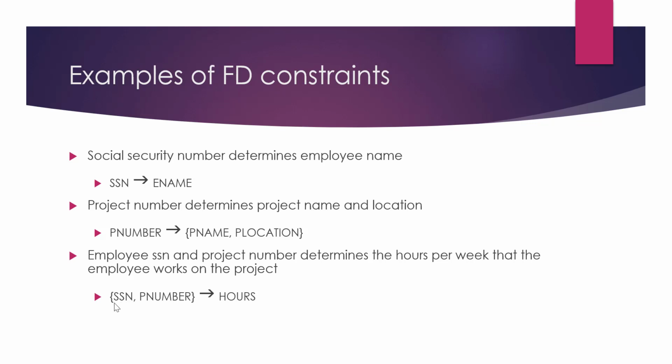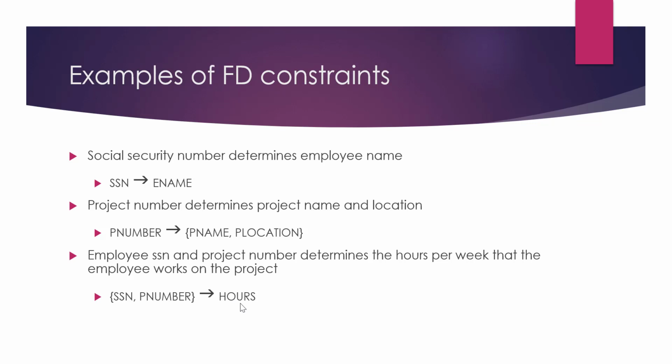The social security number on its own does not determine the hours. The same employee can work on two different projects, but for the first project he's spending 5 hours, and for the second project he's spending 7 hours. Notice that the value of the hours is changing with the same social security number.